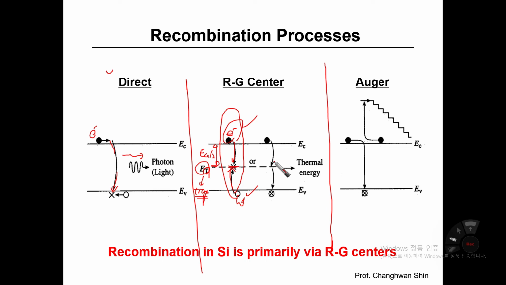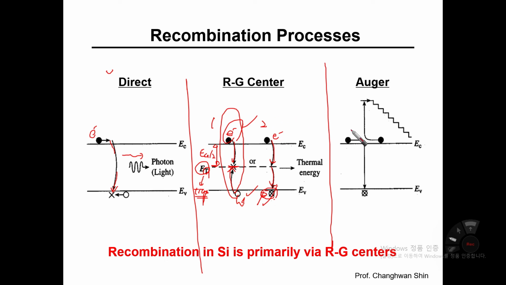On the right-hand side, you can see that this electron in the conduction band has lost its energy by band gap over 2, and then another process of losing its energy by band gap over 2. Then in the end, this electron would meet with the hole in the valence band, and those two carriers are annihilated in pairs. So these two types of RG center processes would be considered recombination processes.